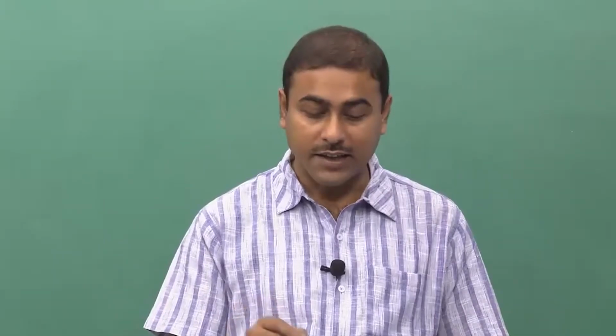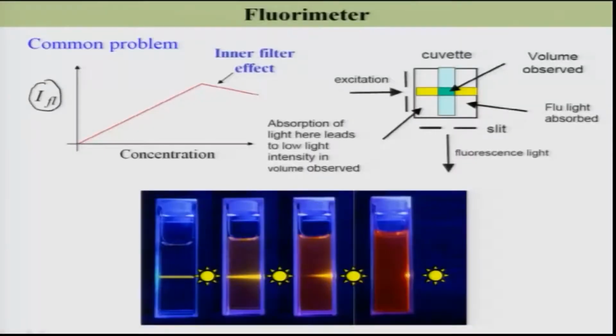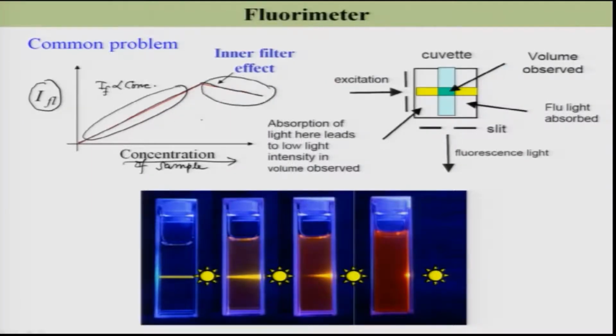But now if I plot the intensity of fluorescence versus concentration of sample, I can also end up with a situation that fluorescence intensity was increasing and then it started decreasing. I know about this region, because I know fluorescence intensity is proportional to the concentration, but how am I going to explain this part?